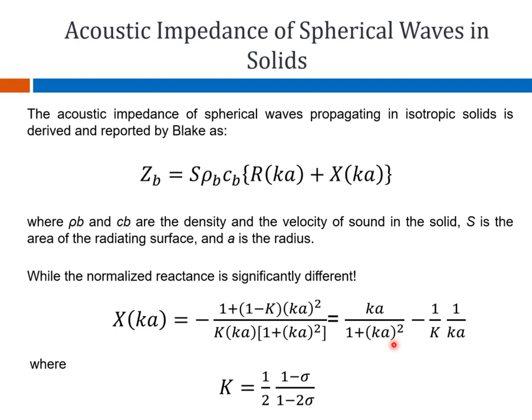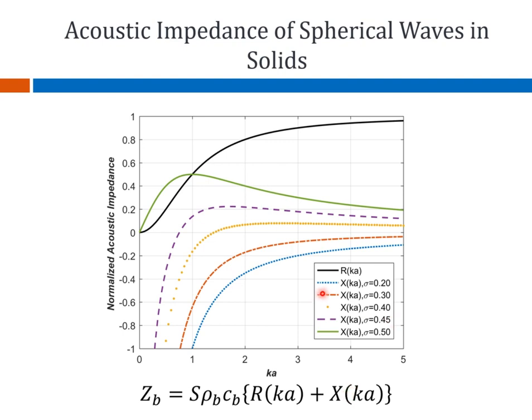But in solids, the story is different. The reactance is dependent on the Poisson ratio of the material. It turns out that for materials with a Poisson ratio less than 1/3, for example, if you look at this red curve and the blue curve, the reactance is compliant. That is, it is a capacitive reactance, so you see negative values on the vertical scale here.